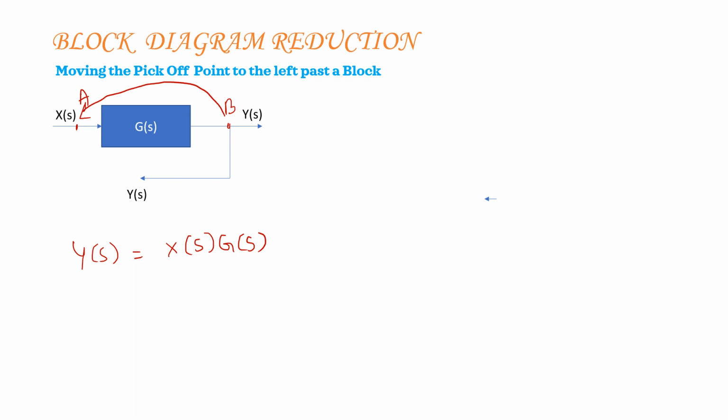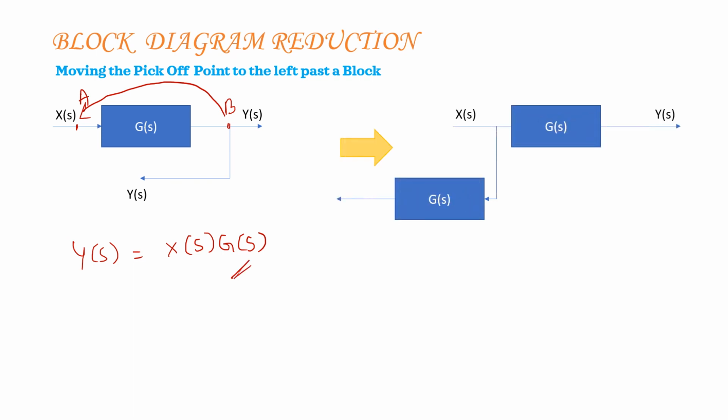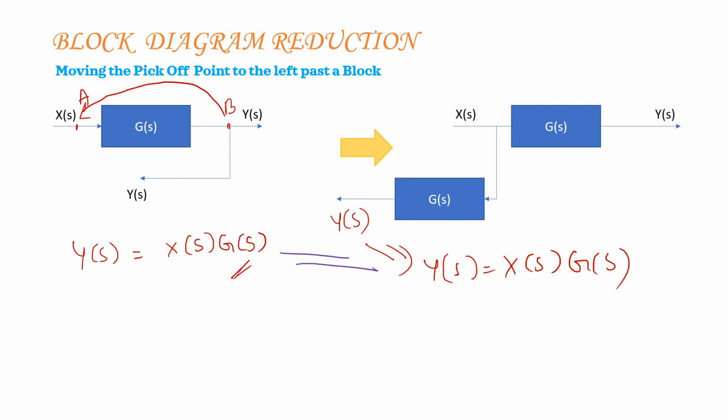So for that, what needs to be added? A block equal to G(s) has to be added. So this is Y(s). What is Y(s) from here? Y(s) is equal to X(s) into G(s). So these two are the same.